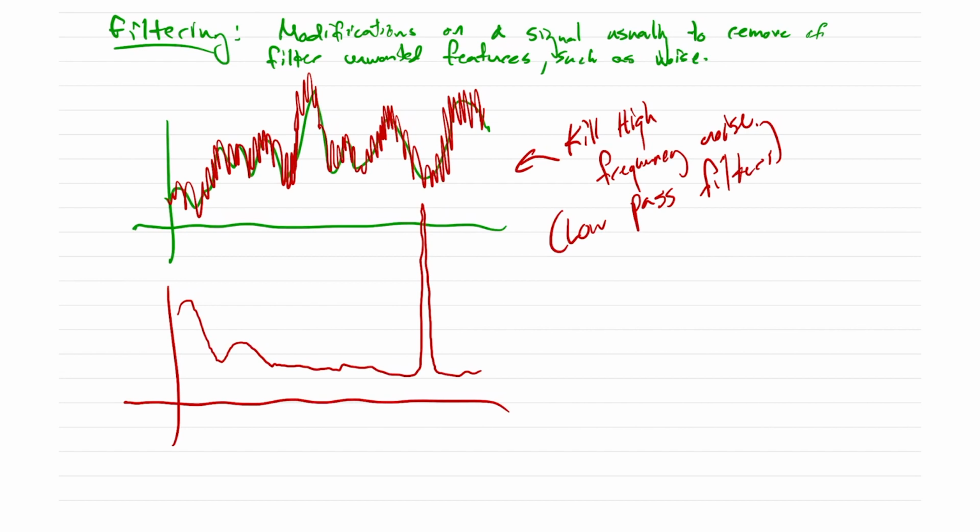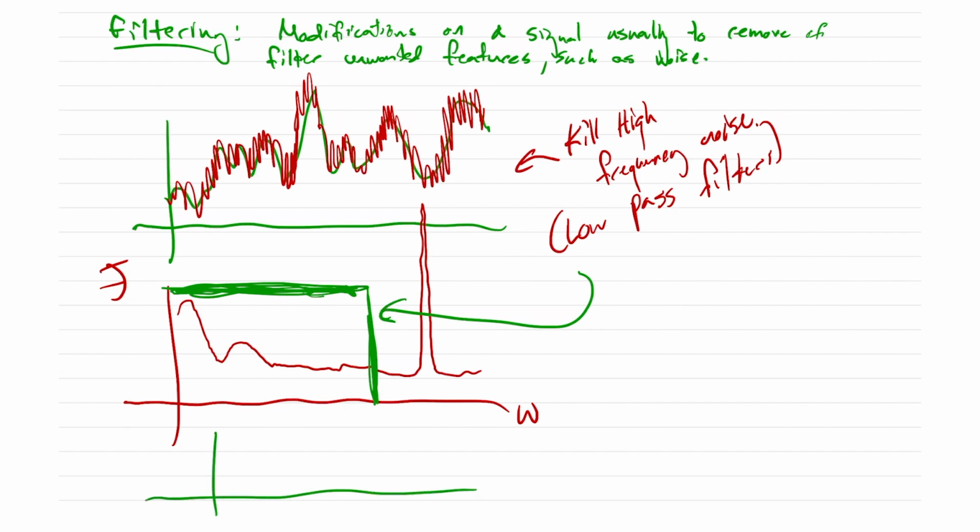So this is the Fourier transform, just a cartoon of what you'd be seeing. We're basically going to take the Fourier transform, and multiply it by a function that looks like this. And this is the low pass filter. Once we multiply it by that, the ultimate Fourier transform that we end up getting is going to be something that looks like this.